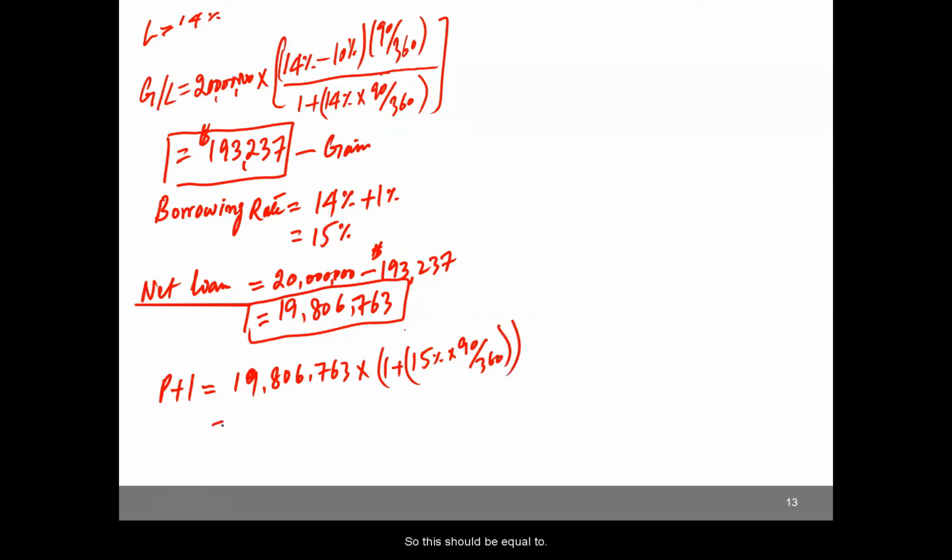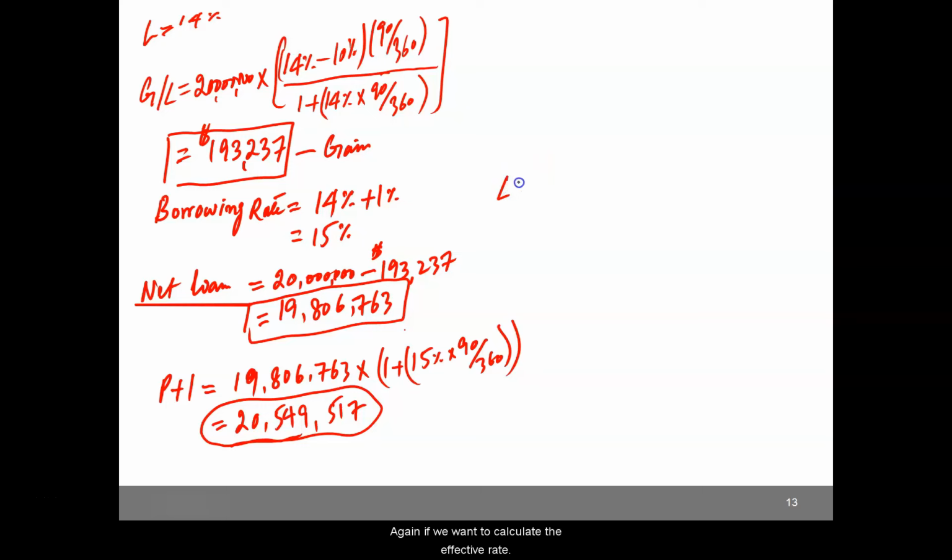So this should be equal to 15% multiplied into 0.25 plus 1 multiplied into 19.806763. So it should be equal to 20.549517 million. So this is the amount that will be returned after the 90 days loan period is over.